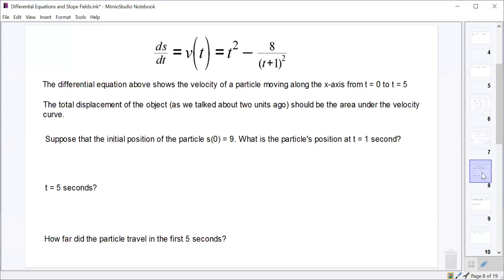If I integrate a velocity equation from 1 to 2, that tells me how far the particle moved from t equals 1 to t equals 2. It doesn't tell me anything about its actual position. Does that make sense?